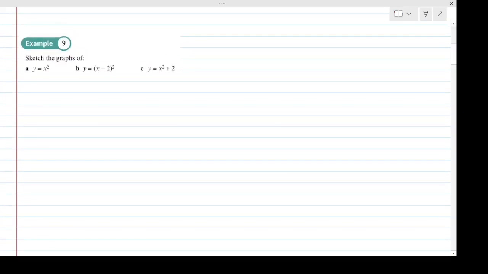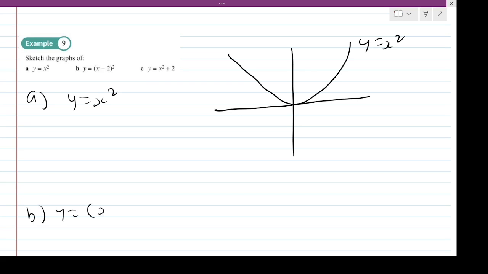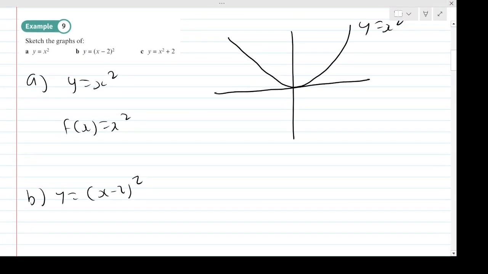So in this example, we need to sketch firstly y is x squared, so that's the standard x squared graph, right? It looks a bit like this. Then part B, we need to sketch y is (x minus 2) squared. Well, if we say that f of x is x squared, then (x minus 2) all squared is the same as f of x minus 2.